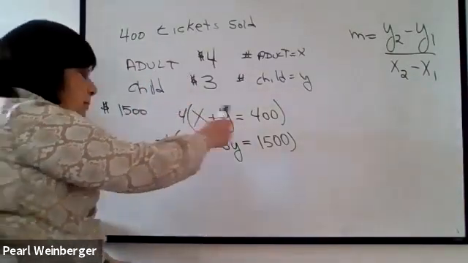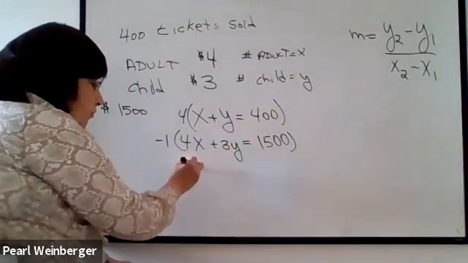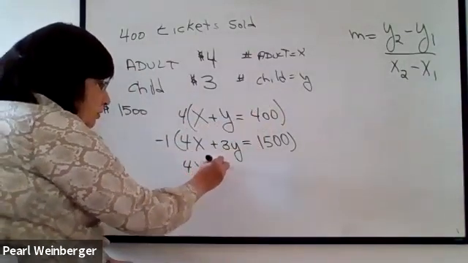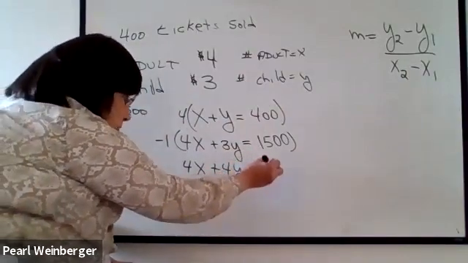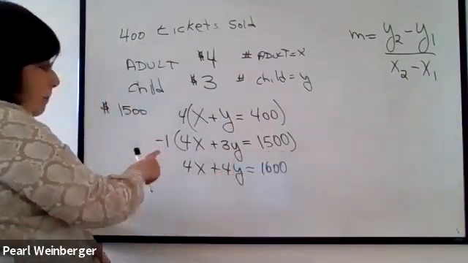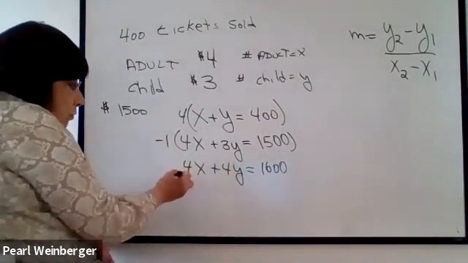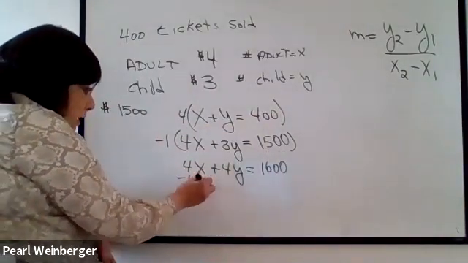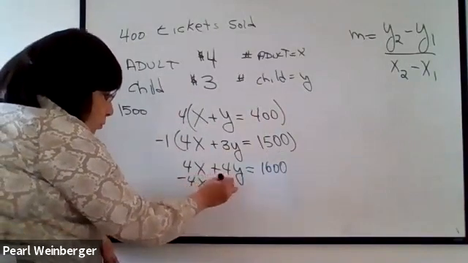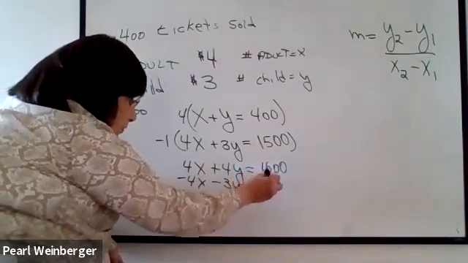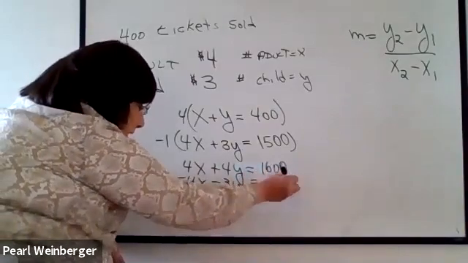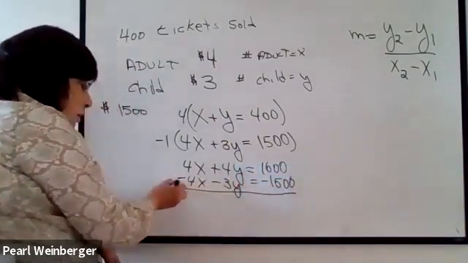So if I multiply my top equation by 4, I get 4X plus 4Y equals 1,600. And the bottom equation I'm multiplying by -1, so that becomes -4X minus 3Y equals -1,500, because I'm multiplying everything by -1.